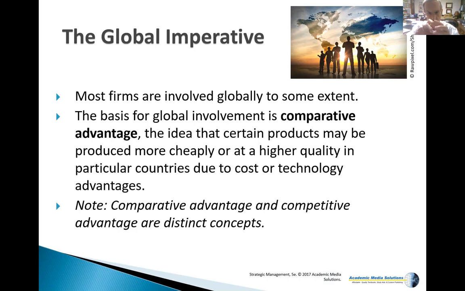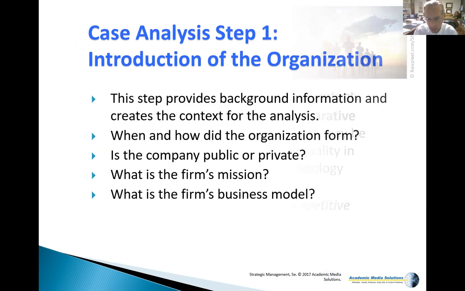And those capabilities, when they're structured one way, form different resources than when you take the same pieces and put them together in a different bundle. You get a different resource. And that's why firms with what look like the same resources can be very different because of the way they've assembled their resources.